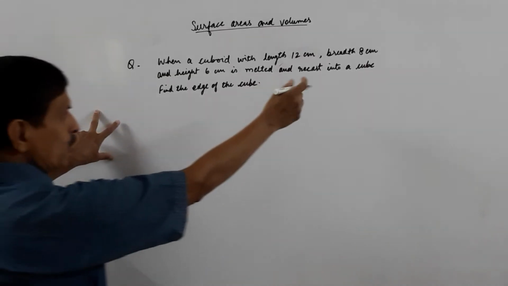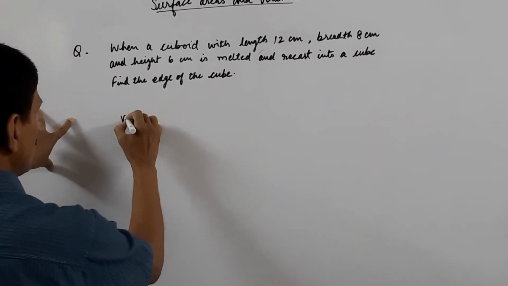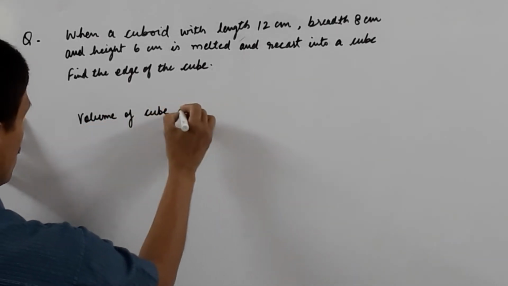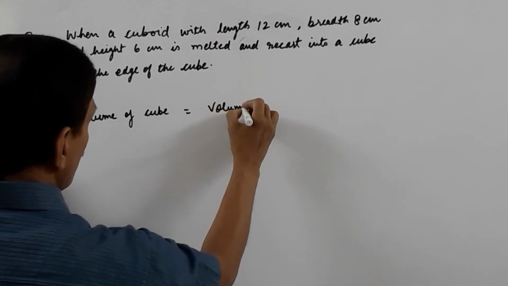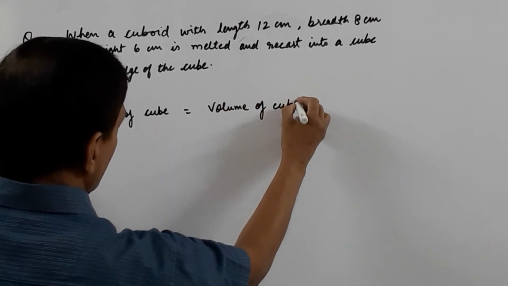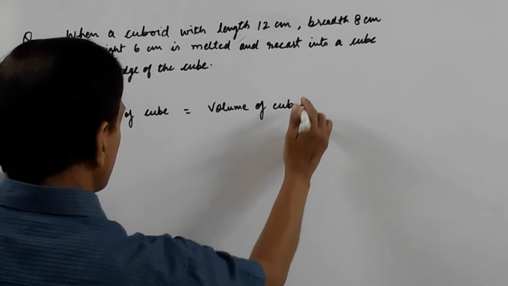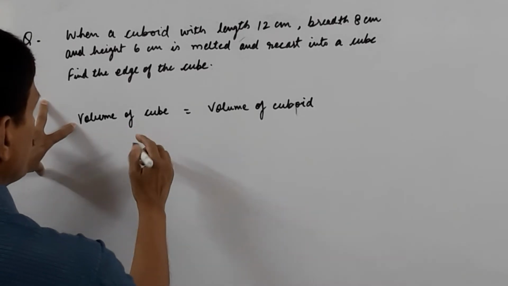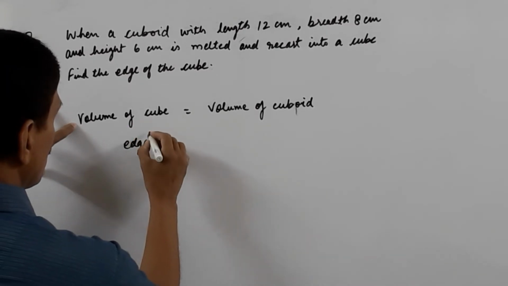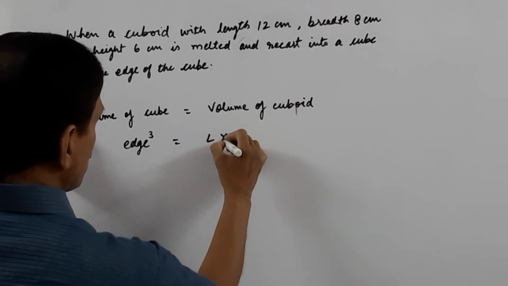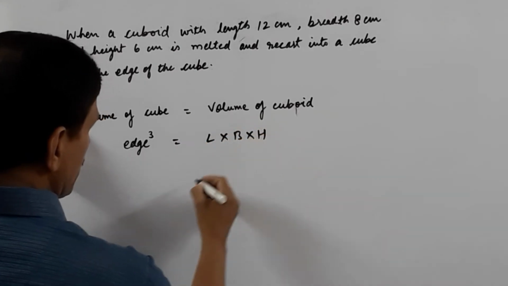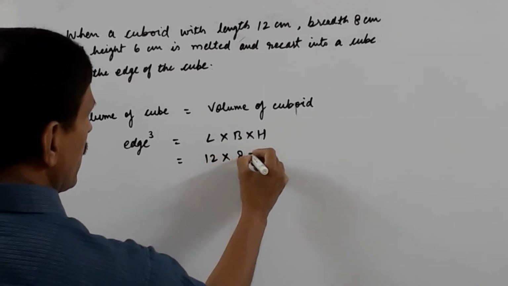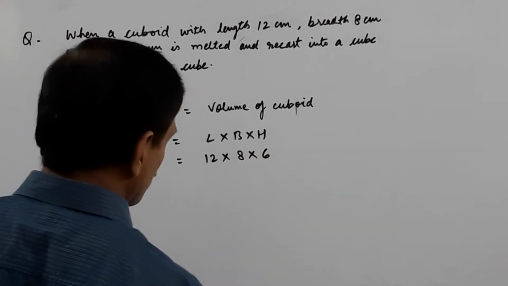So the volume of the cube which is recasted is equal to the volume of the cuboid. We know the volume of a cube is equal to a cube, and the volume of a cuboid is equal to length into breadth into height. So that is 12 into 8 into 6.